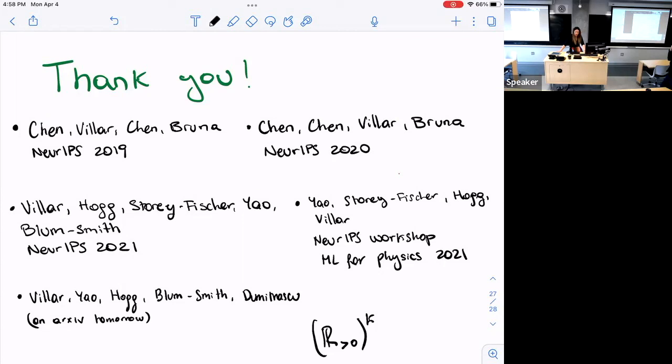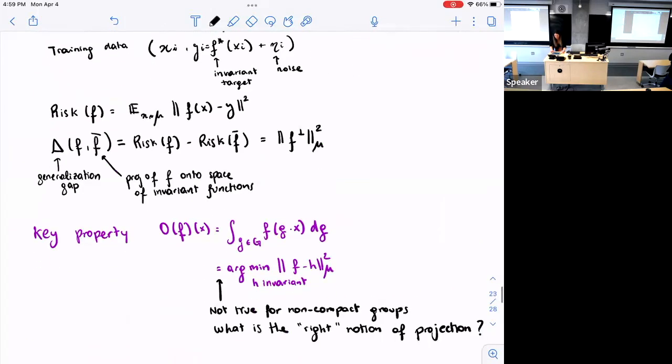But something that we looked at was the compactification of the group. We looked at the definition of averaging. You can define this averaging by looking at the compactification of the group and looking at it in the complex plane. And there's this Weyl unitarian trick that allows you to define this object. And you can define the projection of a rational polynomial onto the space of scaling invariant rational polynomials, and it is very nice.